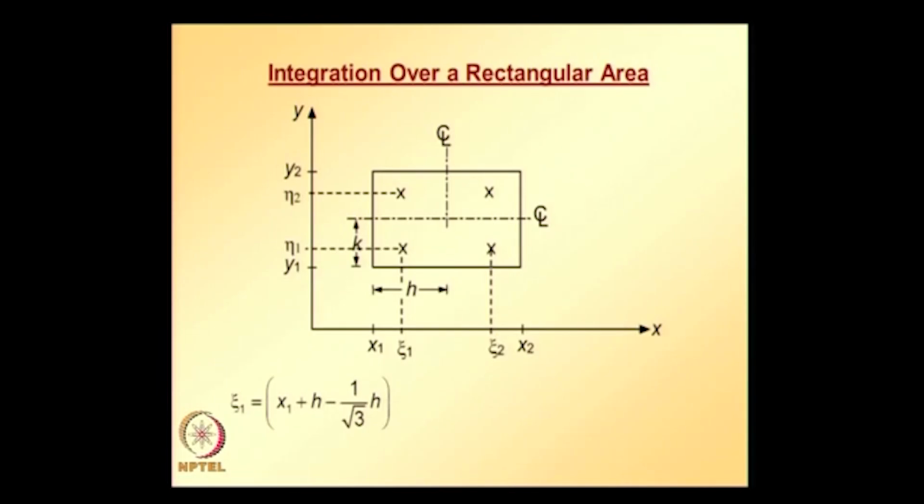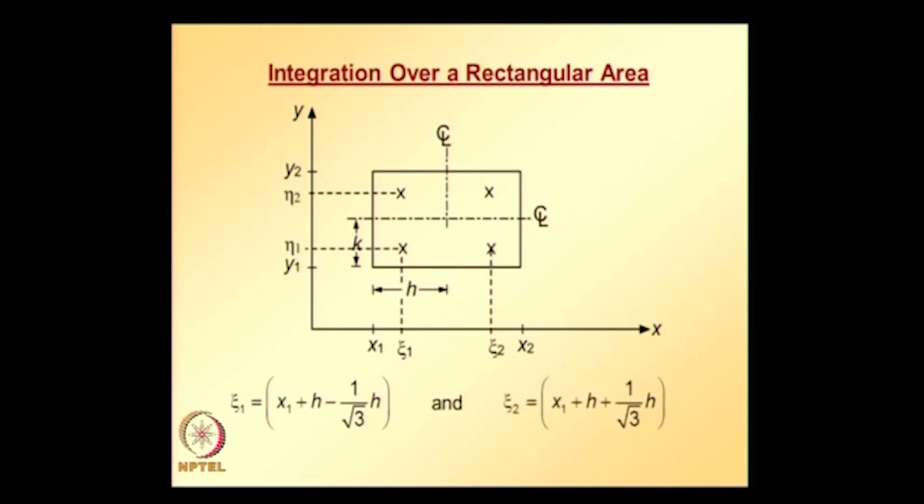This is the relationship between the integration point location and the local coordinate system indicated in the figure, and this equation gives the relation between the psi coordinate system and the x coordinate system.